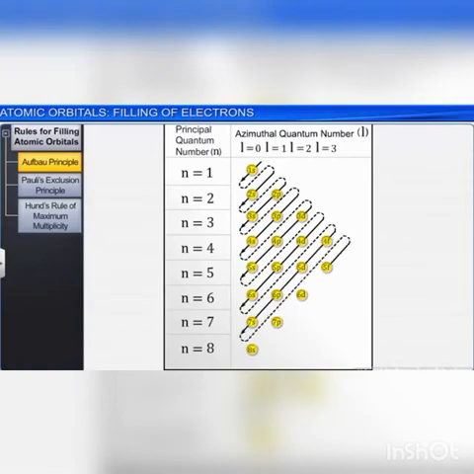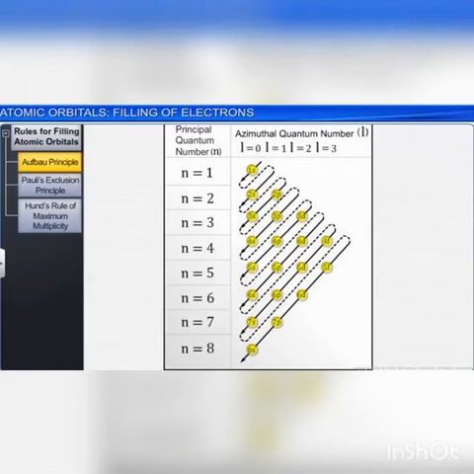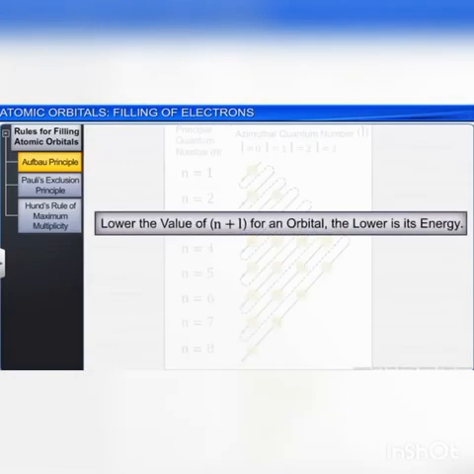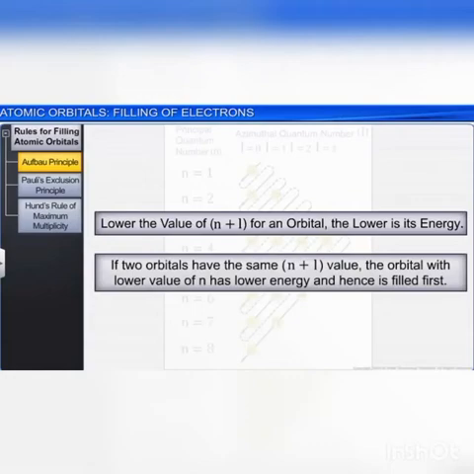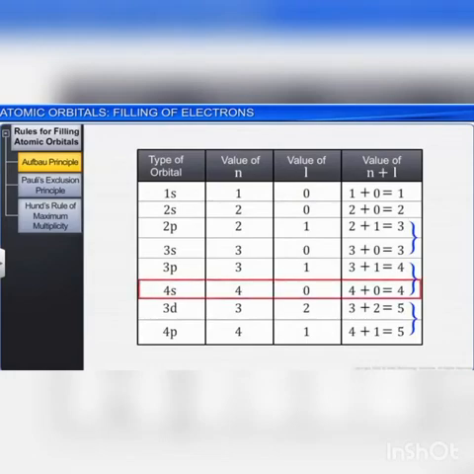The energy of an orbital is determined by using the n plus L rule. According to this rule, the lower the value of n plus L for an orbital, the lower is its energy. If two orbitals have the same n plus L value, the orbital with lower value of n has lower energy and hence is filled first. For example, for 4s orbital, the value of n and L are 4 and 0 respectively.